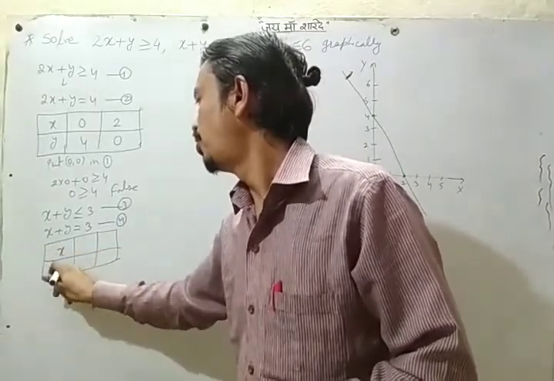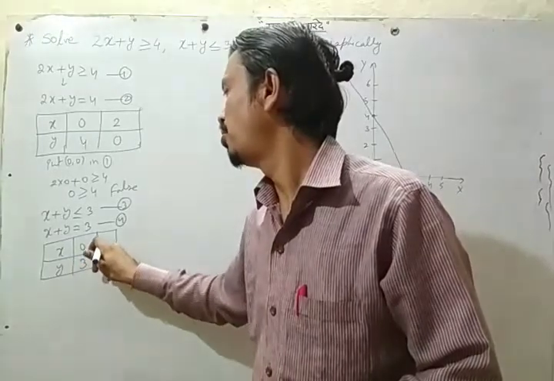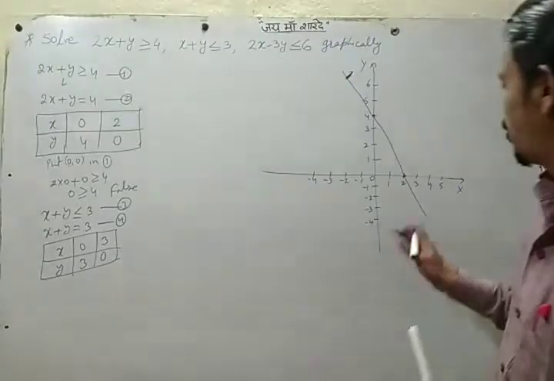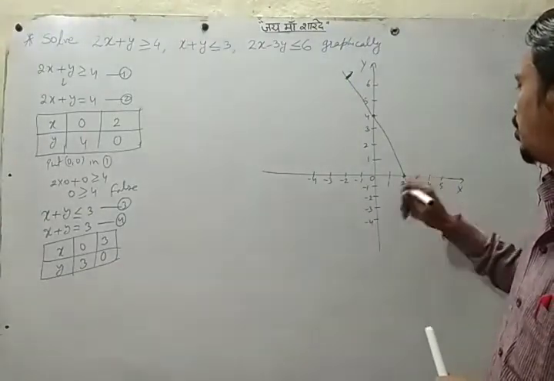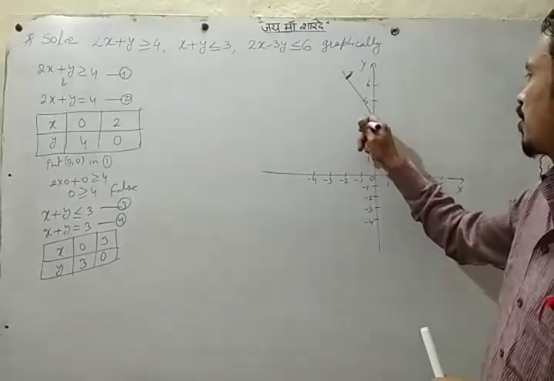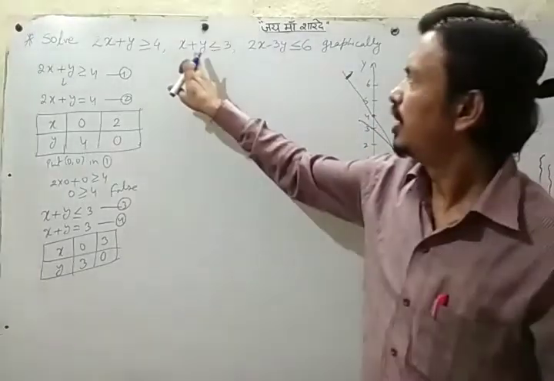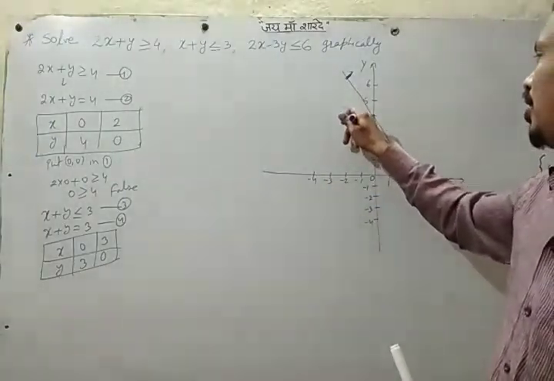If x is 0, y will be 3. If y is 0, x will be 3. So (0, 3) and (3, 0) are the solutions of this equation. Again a slack inequality is there, so we can draw one dark line only.